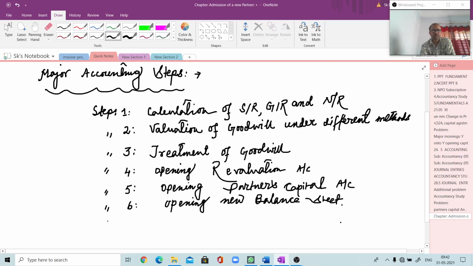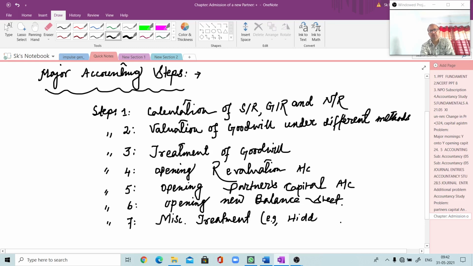They are the common 6 steps we have to know to learn the chapter details, but some extra treatment is there. That is called miscellaneous treatment. For example, hidden goodwill and capital adjustment.